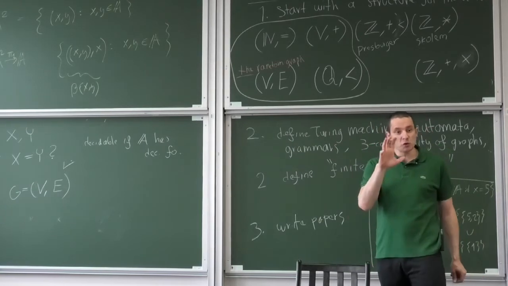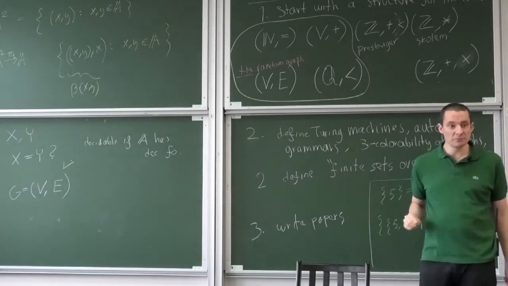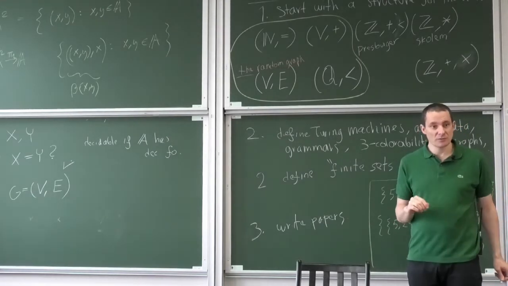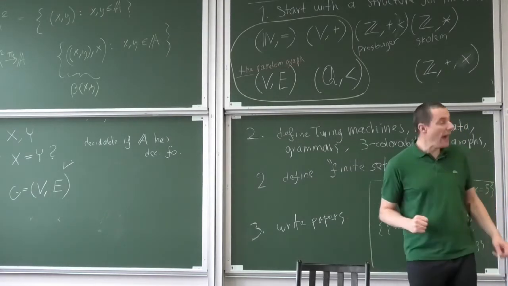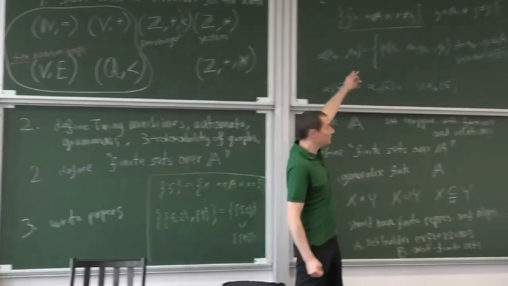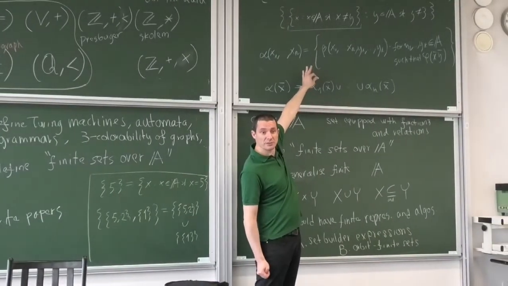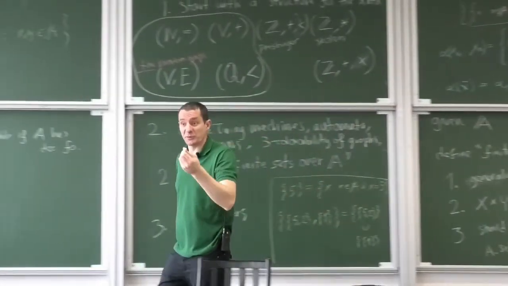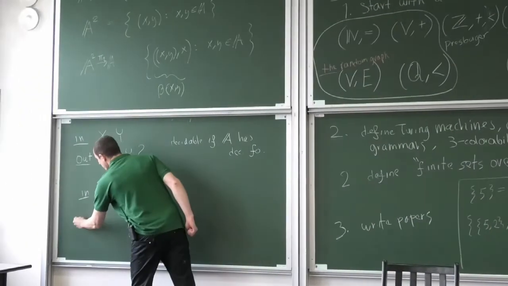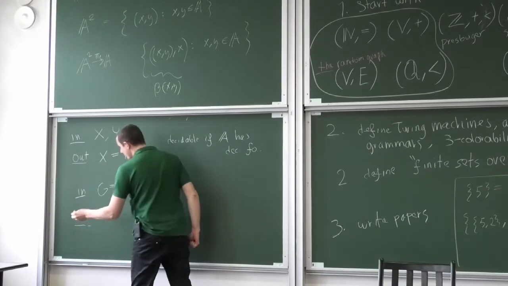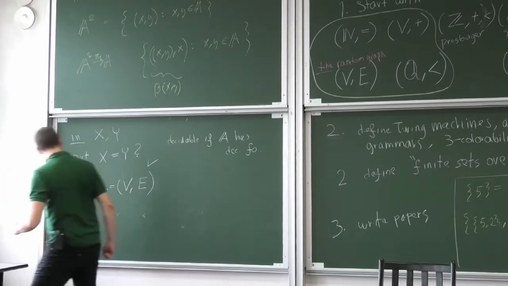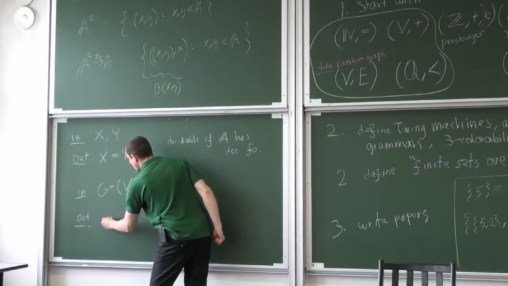The first one is that we're given two sets, V and E, and it so happens that E is a set of pairs from V. Okay? And both V and E are given by set builder expressions. And then, what's the output? Here you can take any graph question, like, is it connected?